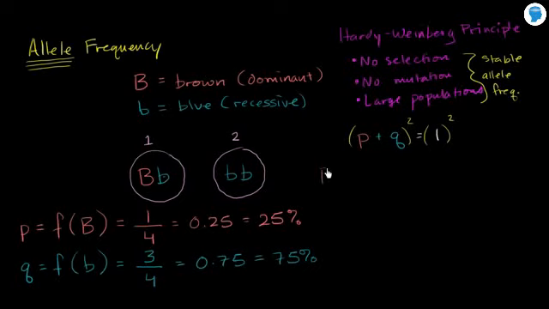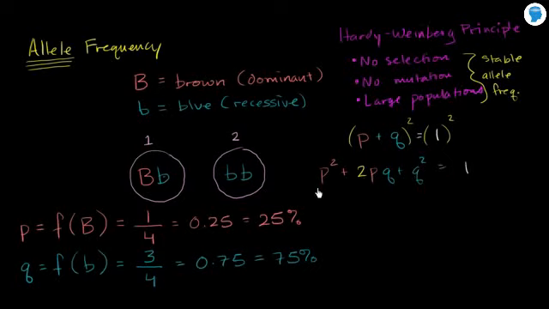This is going to be P squared plus 2 times PQ plus Q squared. And of course, 1 squared is still going to be equal to 1. Now, what are each of these terms here? Well, let's just think about something.